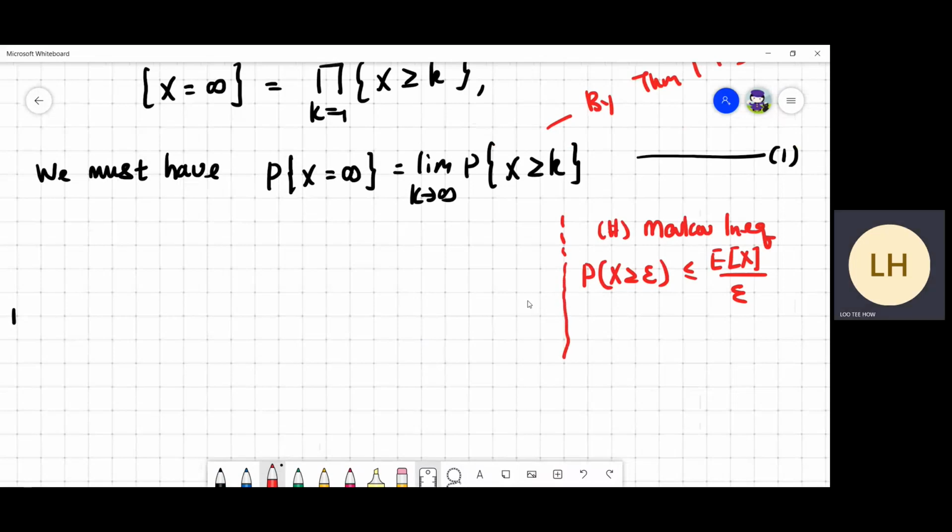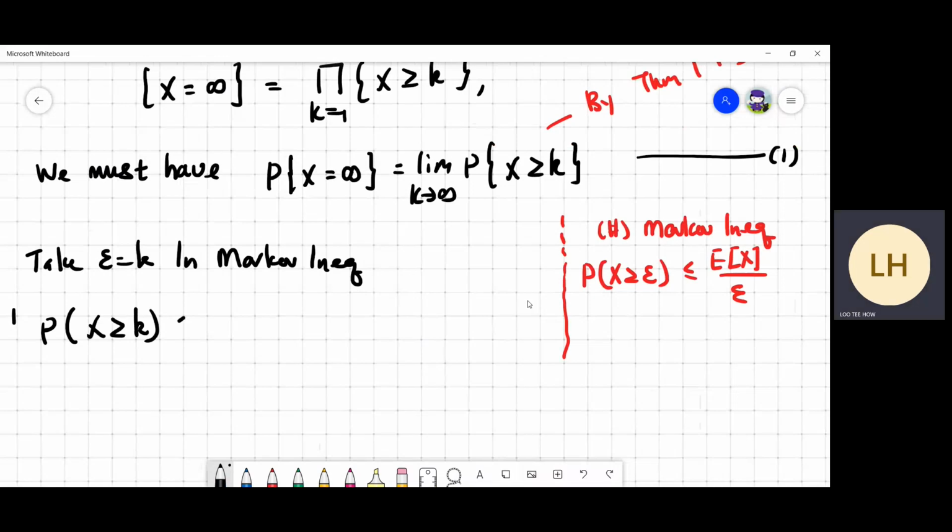So this is our Markov inequality. What we can do is take epsilon equals k in our Markov inequality. Then P of X greater or equal to k will be less or equal to E of X times 1 over k, right? We are just putting epsilon to be k. Now this is what we need to use.